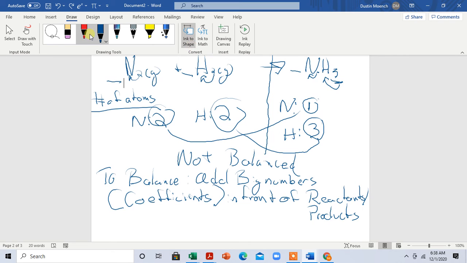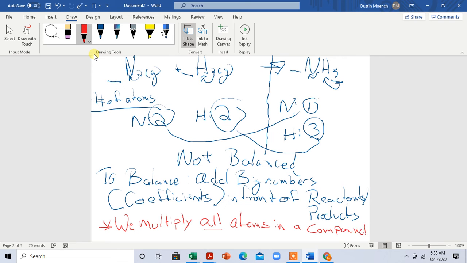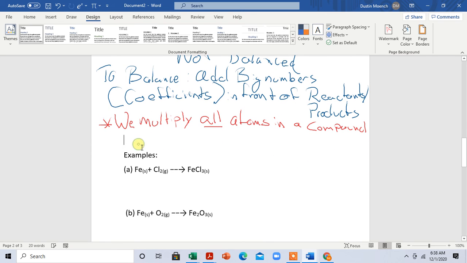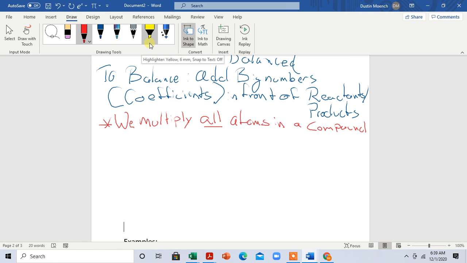But the important thing is that we multiply all atoms in a compound or element by the coefficient.